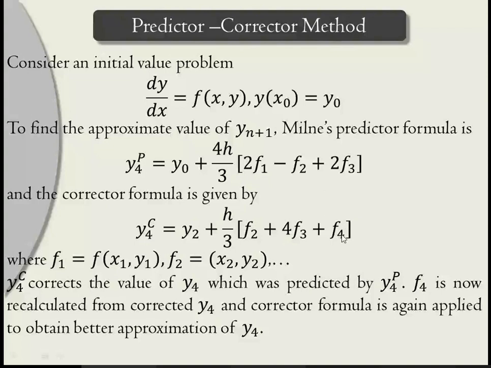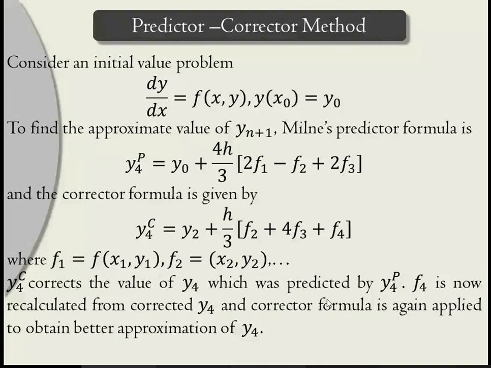We get a new y4. If that new y4 and the previous y4 match, then that will be the answer. If they don't match, then again use that new y4 and calculate a new f4. Do the calculation again and simplify it, and continue until two successive values of y4 match.